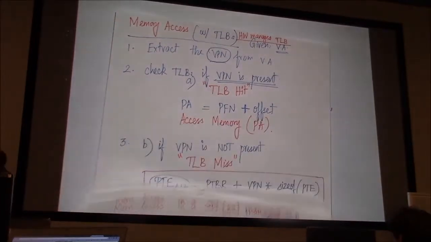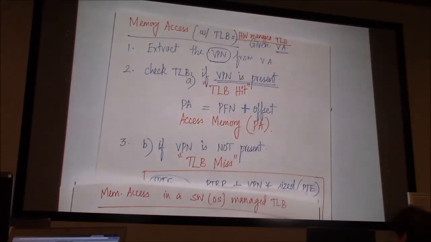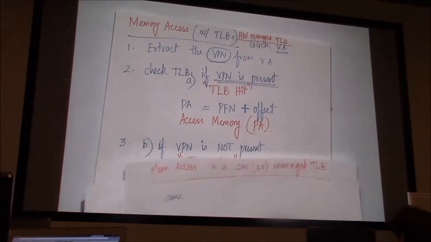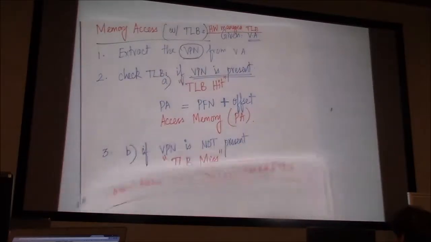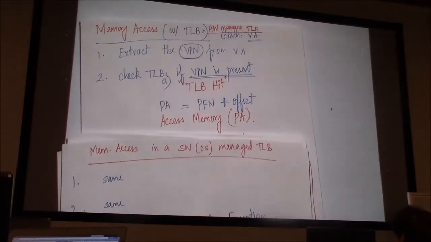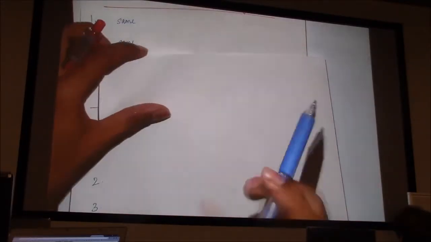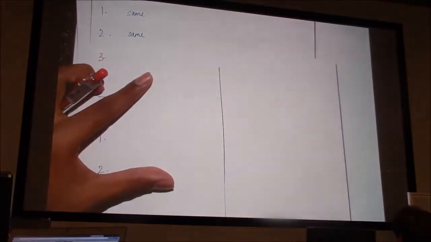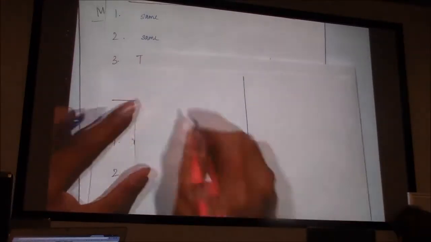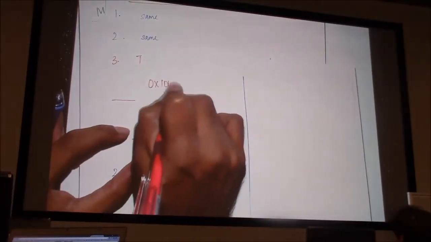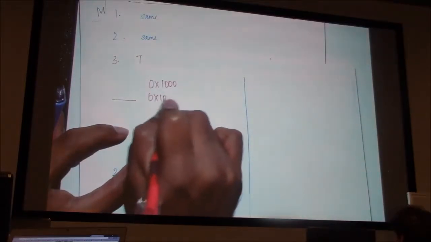And once it's a TLB hit, then you can access the physical memory, physical address, okay? And so this is a very important distinction between a TLB exception and a system call, okay? So let's just look at this right now. Let's assume there are two instructions here, address 1000 and address 1004.